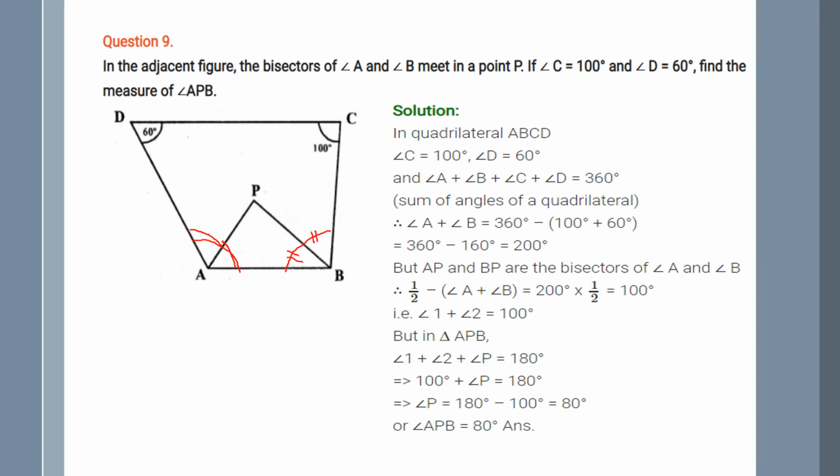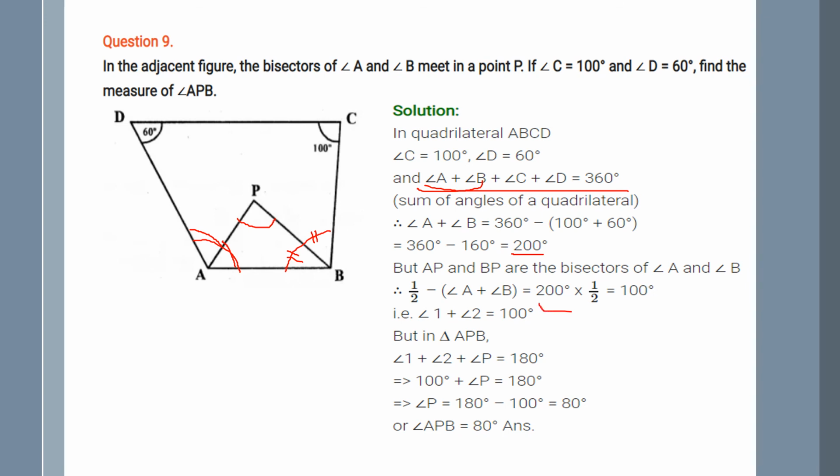So how will you do it? As you know very well, the sum of all the angles is 360 degrees, and angle C is 100 given and angle D is 60. Put the value of angle C and D, and you will get A plus B as, what is the value of A plus B? 200 degrees, right? And we need to find this angle, angle APB. Okay, AP and PB are the bisectors of these angles, no?